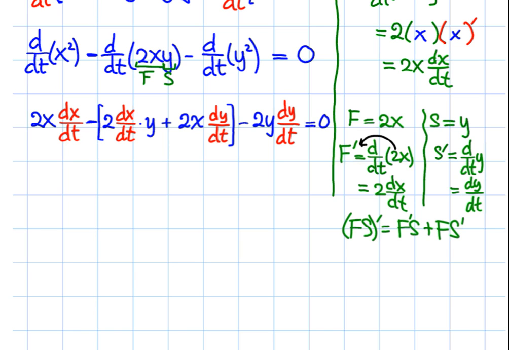Right, now let's remove the bracket and simplify it a little bit. We should have 2x dx dt.